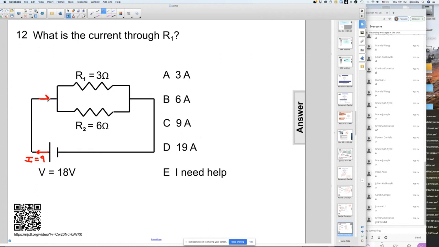That means 9 amps comes in here. How much goes this way? This is I1. This is I2.